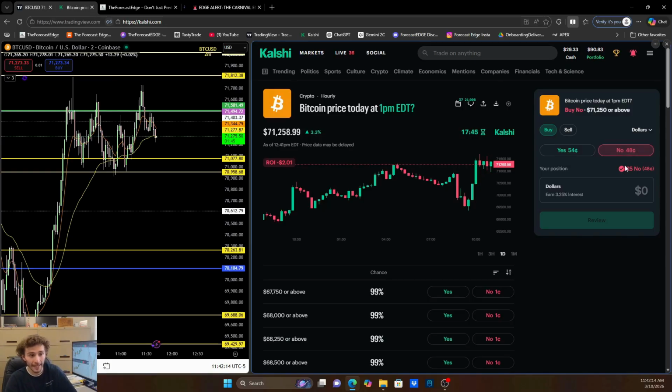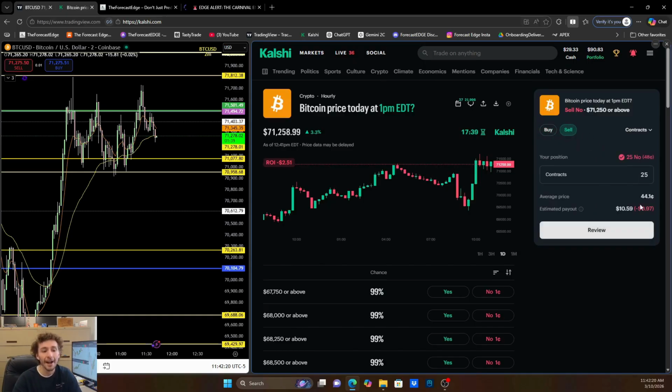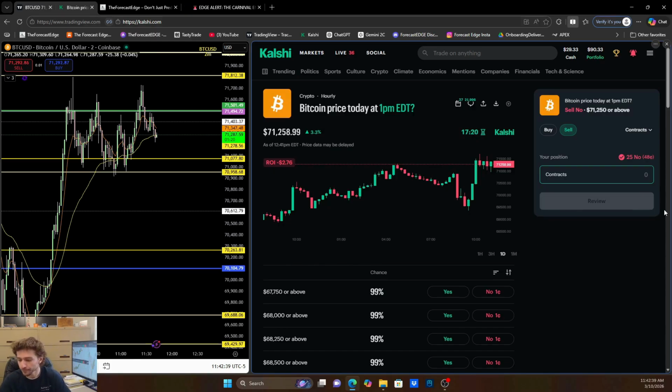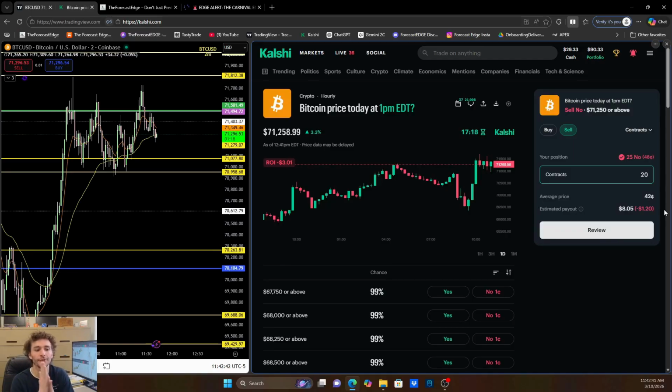or above, at 1 p.m. Eastern Standard Time. And now since I bought into my no contracts, I can go to sell my no contracts on the trade table on the sell side, and you see that it loads up 25 of my no contracts for this position here. We still have about 15 minutes left on this position. So what I'm going to do is put an order of 20.